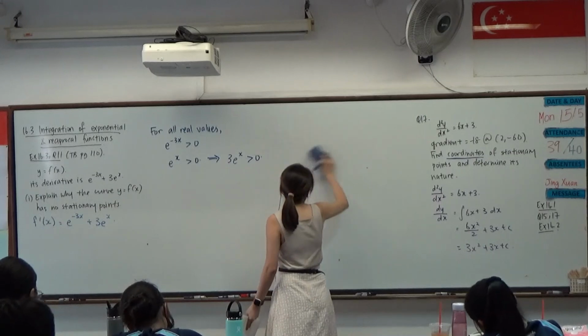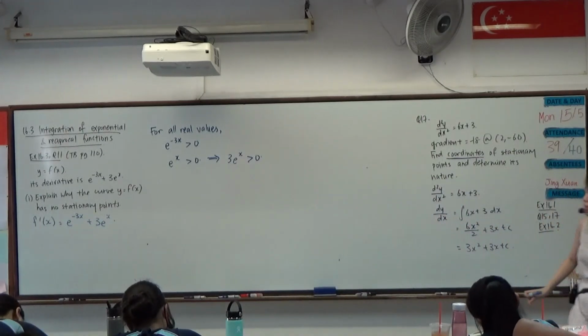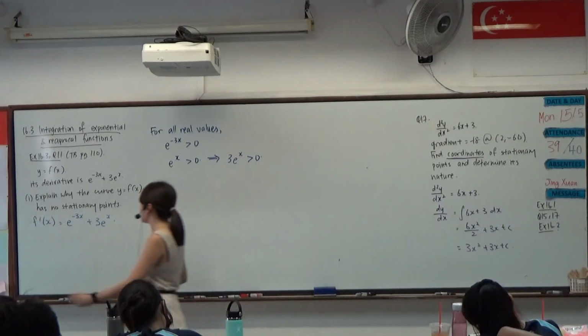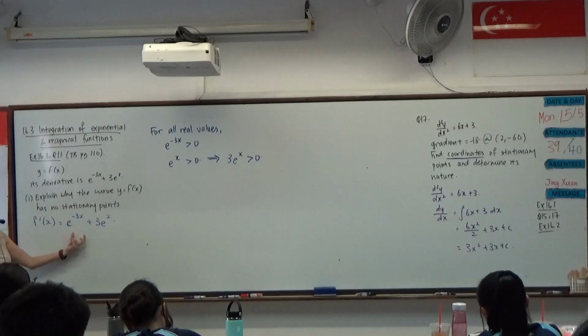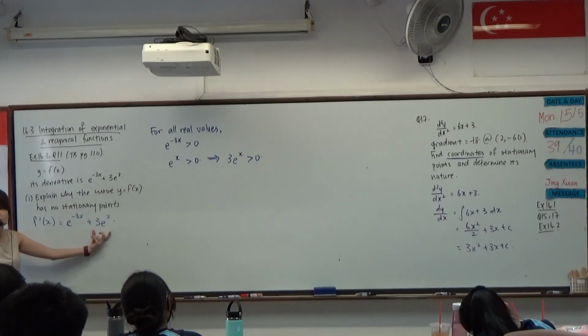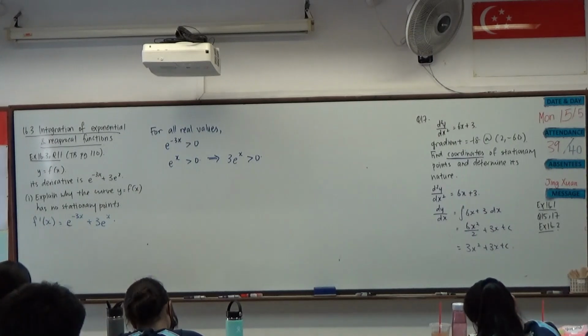Somewhat similar to what we had in our WA2. Observing that our derivative is made up of two parts, e to the power of negative 3x, which is positive, and the other part is also positive, adding two things that are positive will definitely result in a positive function itself.